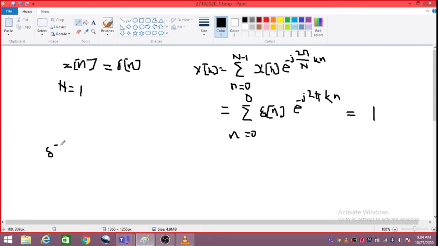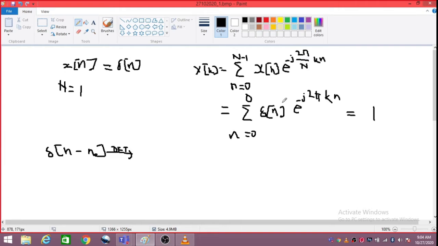Similarly, find out the DFT for delta n minus n naught. इसका DFT क्या होगा? Here it will be shifted n naught.